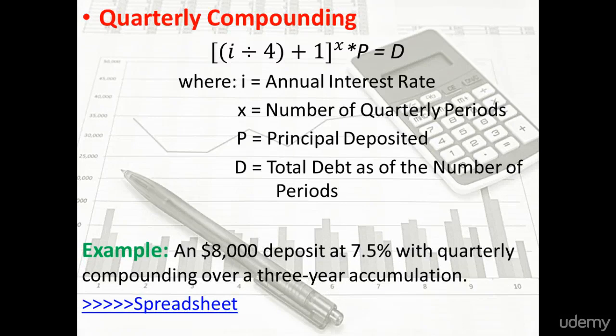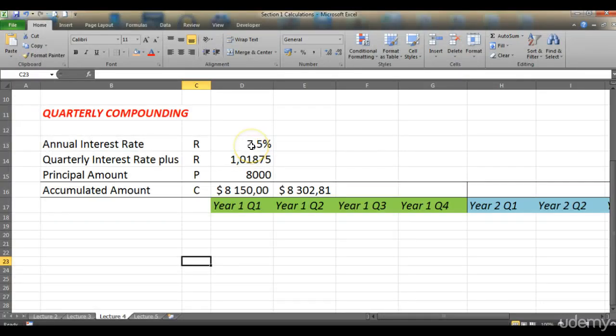And here is an example. Quarterly compounding can also be summarized on a spreadsheet. An 8,000 deposit at 7.5%, but with quarterly compounding this time over a 3-year accumulation. Okay, so here is quarterly compounding.